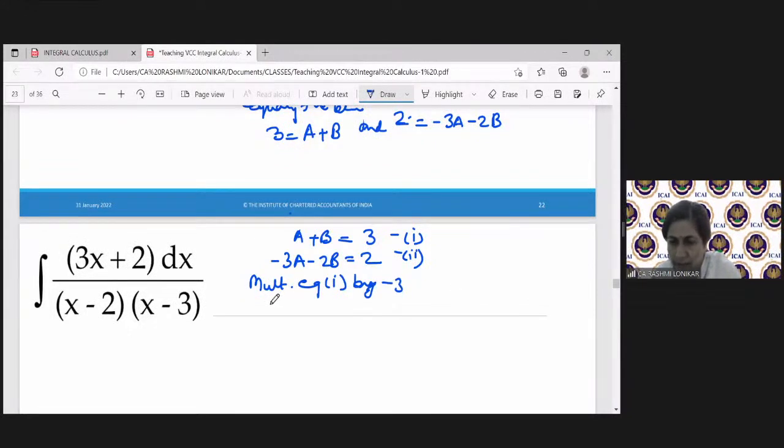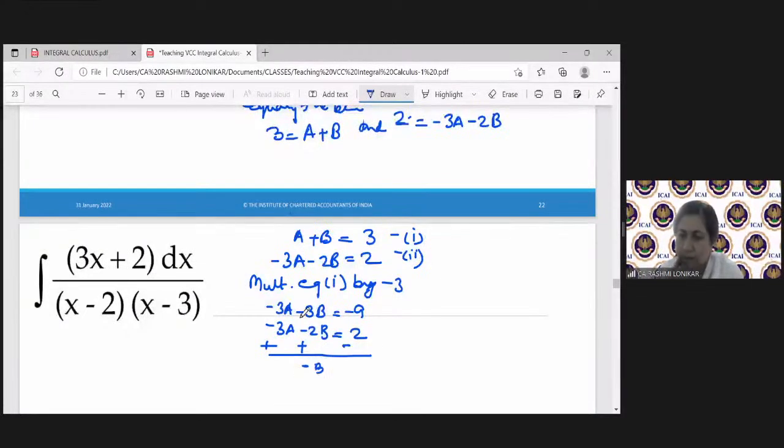I get -3A - 3B = -9 and -3A - 2B = 2. I subtract: this becomes minus, becomes plus, this becomes plus, and this becomes minus. So what am I left with? -3B + 2B becomes -B, equal to -9 - 2, which is -11. And so I get B equal to 11.